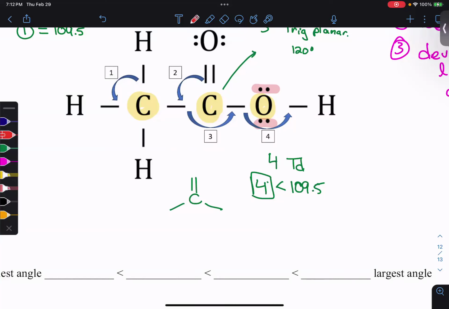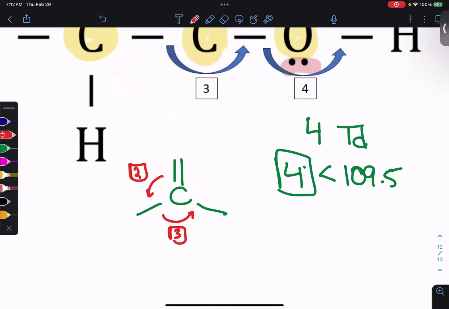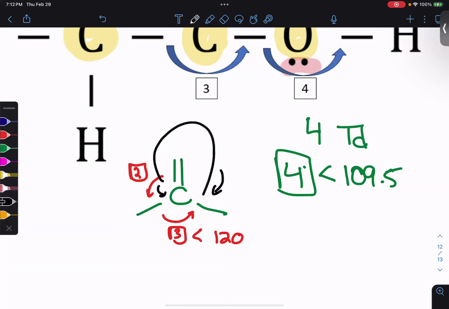So if we draw the indicated bond angles I'm trying to get you to look at, this is bond 3, and then this is bond 2. So what kind of deviations are we going to see? Bond 3 is going to be what compared to 120? It's going to be less, yeah, because that double bond is going to squeeze and push all of those other bonds closer together. So bond 2 is going to be greater than 120 degrees, all right?